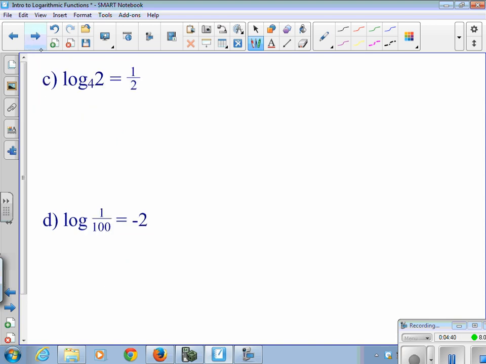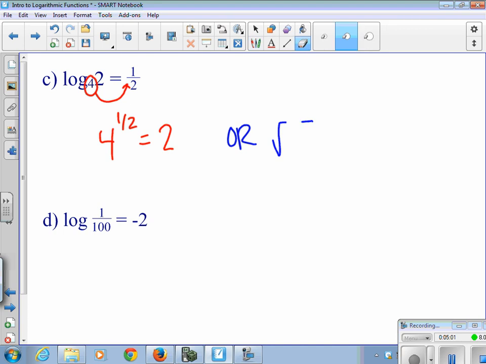All right, and then C, this is going to be 4 to the 1/2 equals 2. Another way that you might see somebody write this would be like this. Since the 1/2 power really just represents a square root, you could see it written as the square root of 4 equals 2.